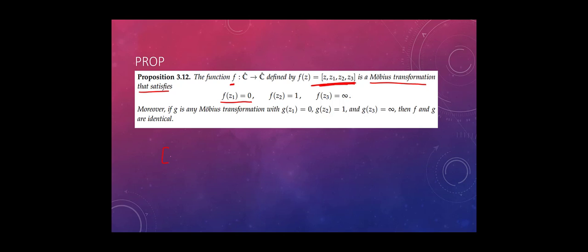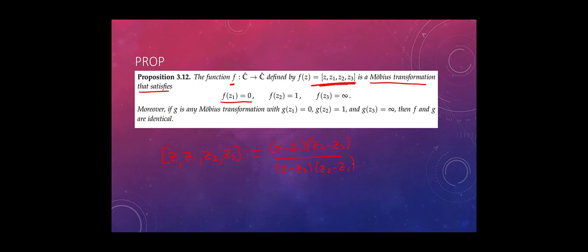Okay. Now to see this, let me kind of walk you through it a little bit. So first of all, remember our cross ratio is defined to be the following. z minus z1 times z2 minus z3 all over z minus z3, z2 minus z1.